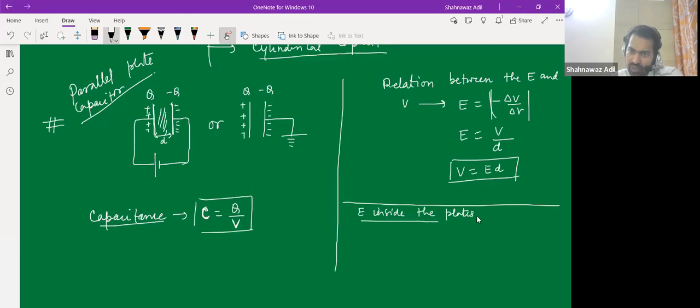Can you guys tell me what is the electric field inside the plates? What do you know about the single plate? If you have a single infinite sheet, what is its electric field? You have done this in your CBSE class.